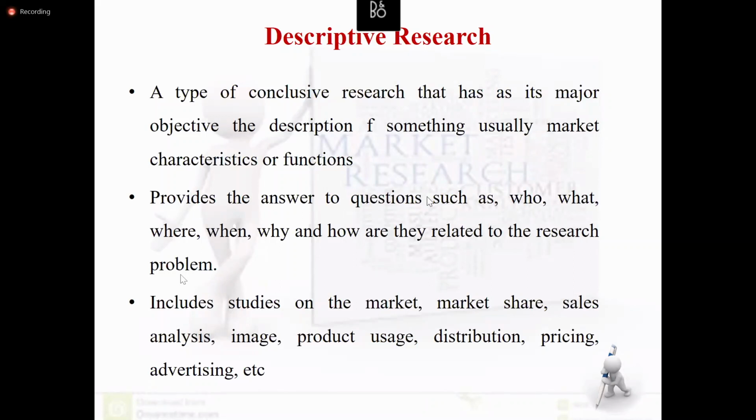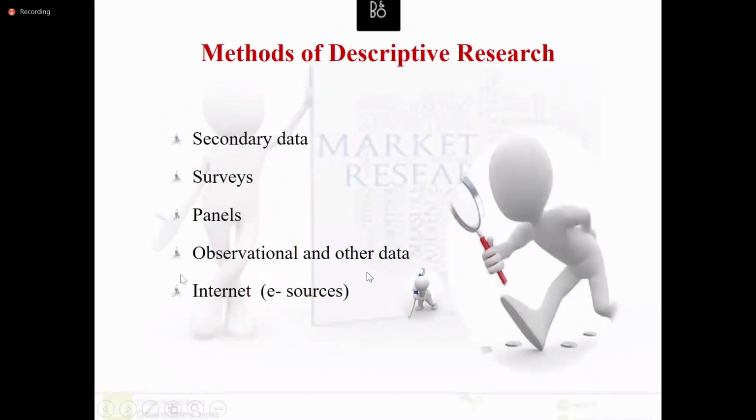And it would also be a good study to apply in order to study the market share, the sales, and also the image, in the sense that it can be the branding, product usage, distribution, pricing, whatever. Right. So for this, it is very productive to have descriptive research.